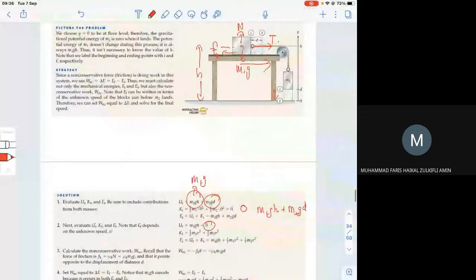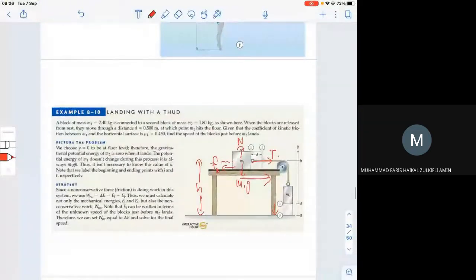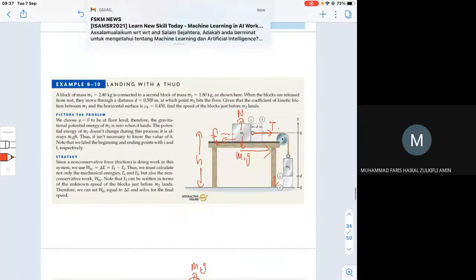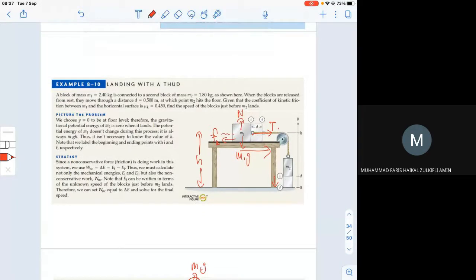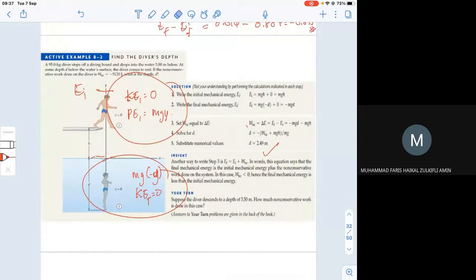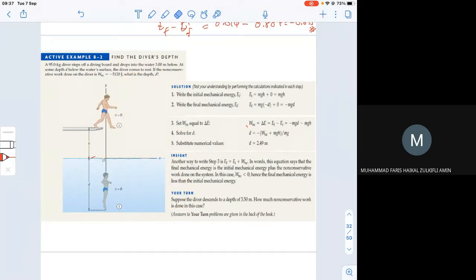So sampai sini, yang example sini dah belum lagi ya? This one. So yang budak terjun kolam tu belum habis lagi. Oh, tak habis lagi. Okay, tak perasan tadi. Alright.